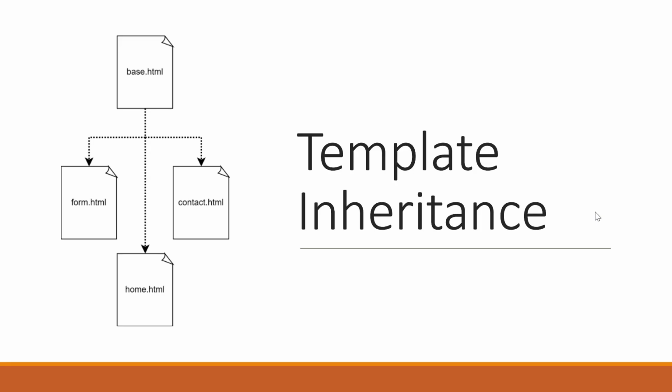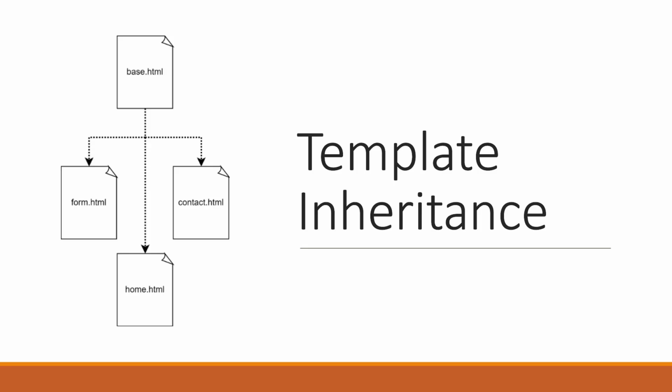For example, if I want to display one form, the header and footer will remain the same on that page. In the same way, we can have a home.html page which will have the content of the home page, but the header and footer will be the same, so it will be inherited from the base.html file. And then there is a contact.html page which will have the contact details, but the overall header and footer will remain the same.